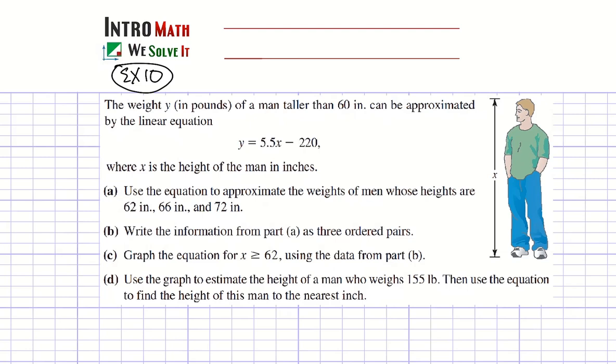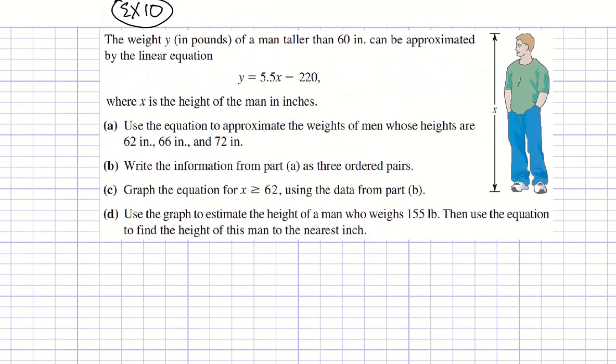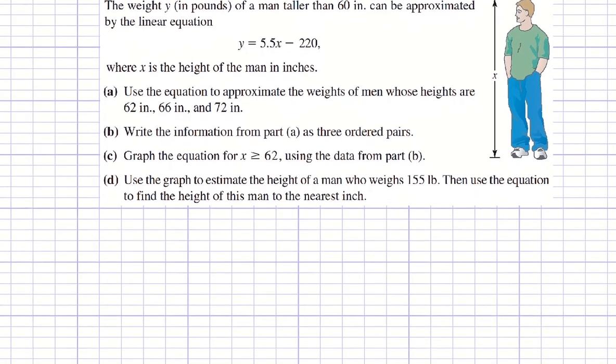Use the equation to approximate the weight of men whose heights are 62 inches, 66 inches, and 77 inches. Write the information about part A as 3 ordered pairs. Graph the equation for x greater than 62 using the data from part B. Use the graph to estimate the height of a man whose weight is 155 pounds. Then use the equation to find the height of this man to the nearest inch.